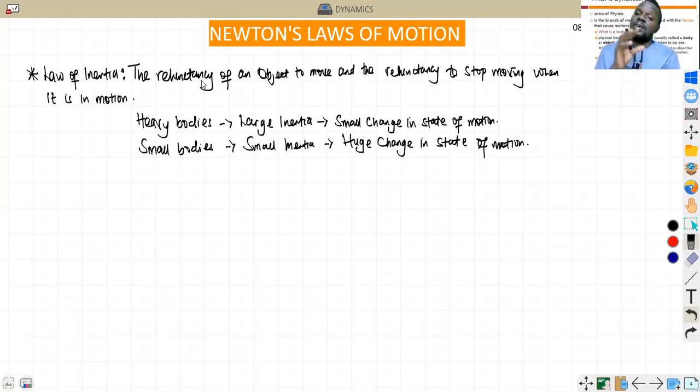What I'm trying to say is, look at a cargo ship, for example, which you've learned about in class 9 and 10. You would be told that if you want to stop a cargo ship, you start applying the brake about 200 meters before where you want to park the ship. This is because cargo means load, and the ship is carrying a heavy load. If you apply a force to the body, it only affects it in a little way.